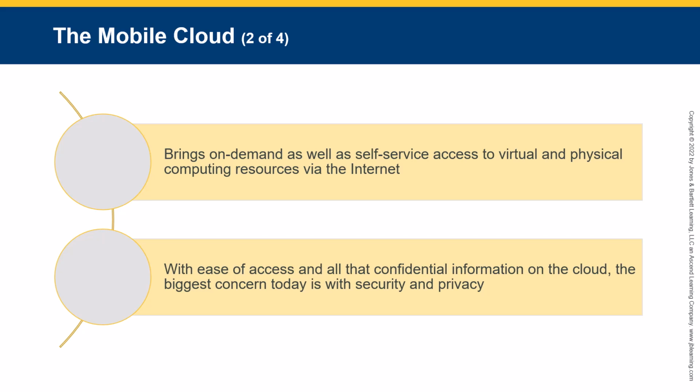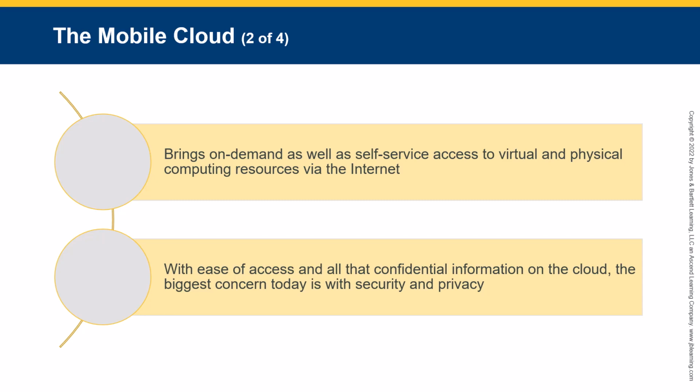Within seconds you can spin up fully functional VMs that are hosted in the cloud and not on your equipment. This all deals with the ease of access and the confidential information controls that should be there to protect that data. Again, the biggest concern is security and privacy of that data, but when done correctly, you should be okay.